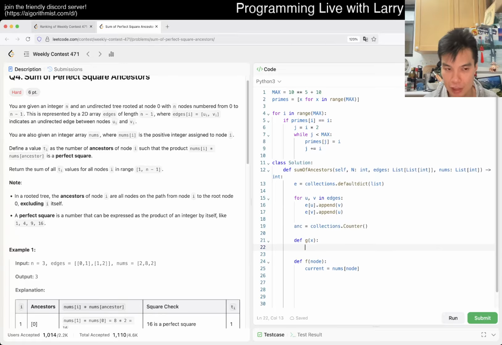So then now it's just, no, I think it's fine. I'm trying to optimize too much. I think that's right.